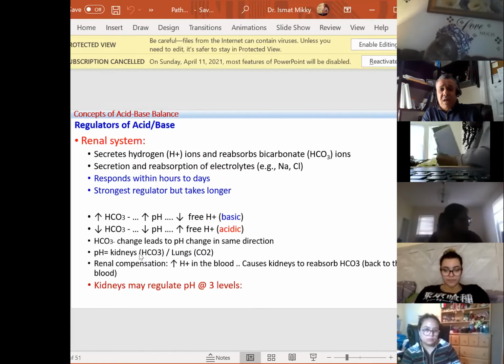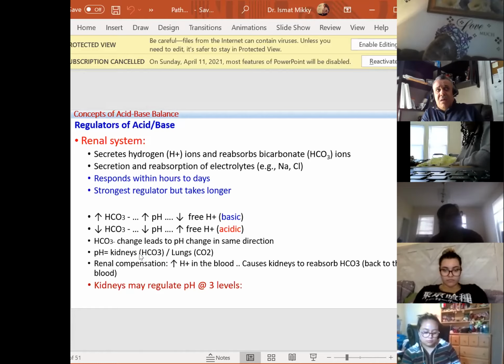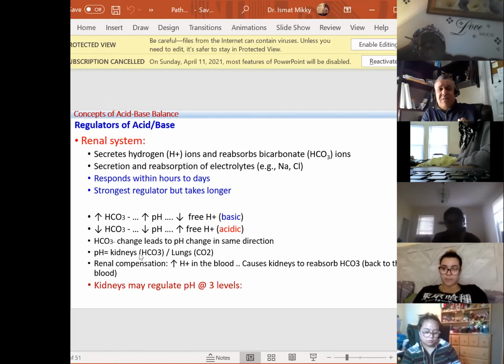So the patient will develop metabolic acidosis, but the lungs are supposed to compensate for the problem. Now, another scenario is that the patient is hypoventilating, CO2 builds up, pH drops, and the patient develops respiratory acidosis.